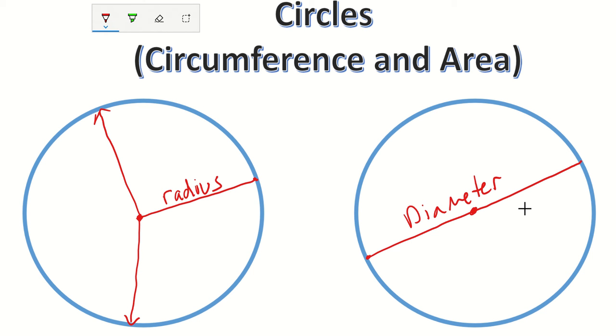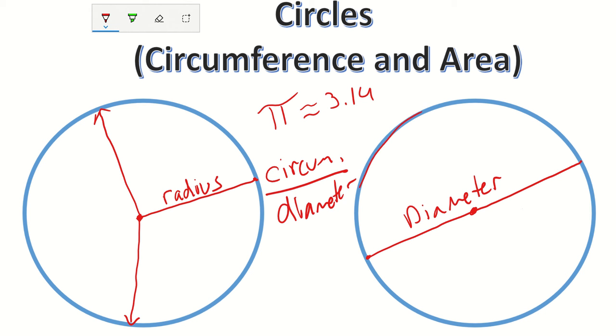Now, another thing that you need to remember is the term pi, which is approximately 3.14. Of course, it keeps on going forever and ever, but we cut it off at 3.14. And remember, pi is the number that you get when you divide the circumference by the diameter.